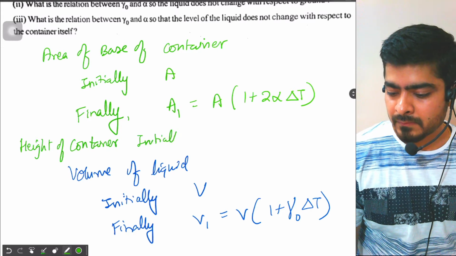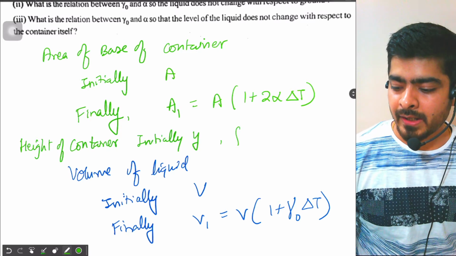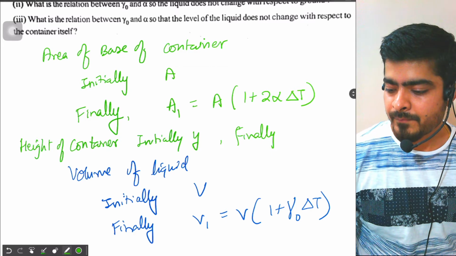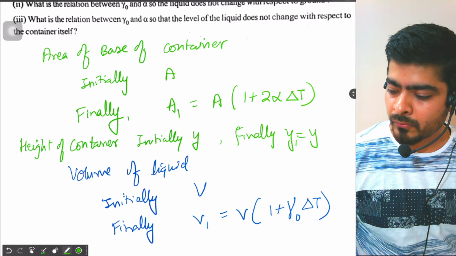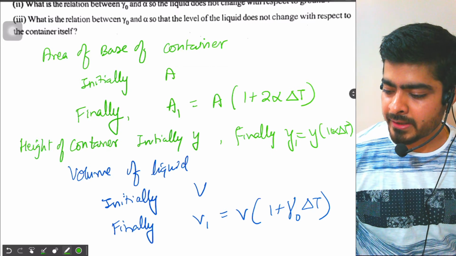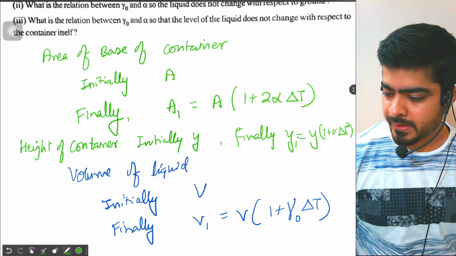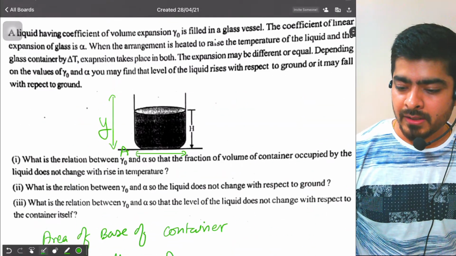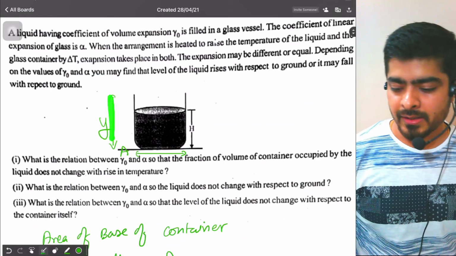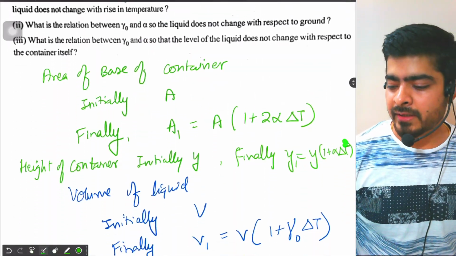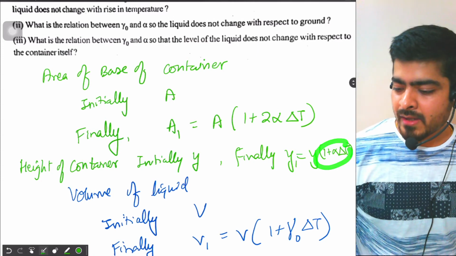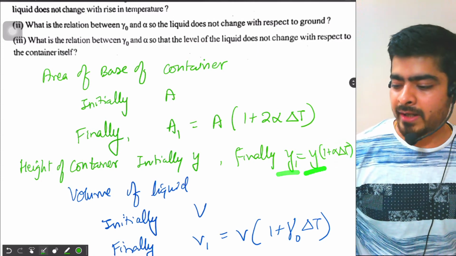Initially it is y and finally Y1 equals y times 1 plus alpha delta T. The height y is a length, so for change of length we use 1 plus alpha delta T. So the new height y1 will be y times 1 plus alpha delta T.